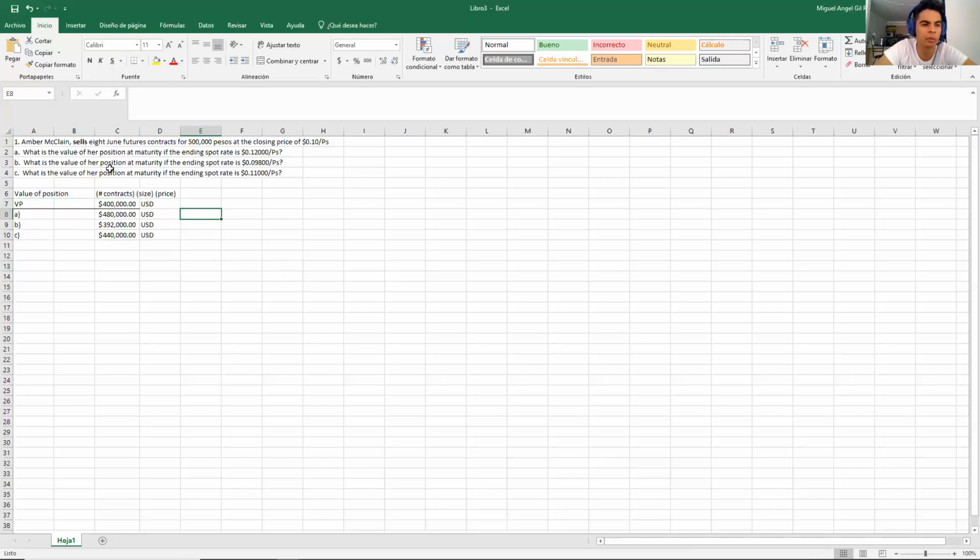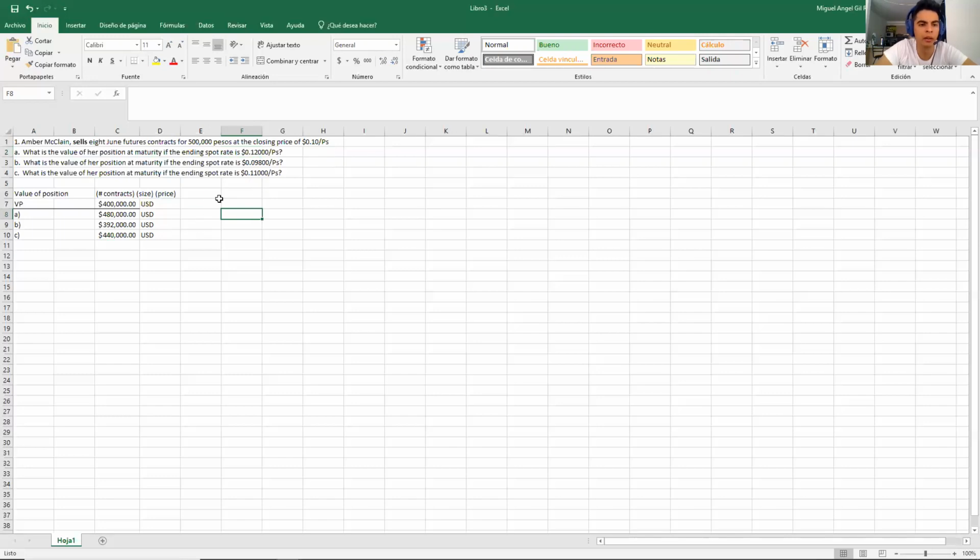If I have a short position, a sell position, that means that I am forced to sell my pesos at $0.10. So if the market is willing to pay me more, but I am forced to sell them at 0.10, will I be happy or sad? I think I will be sad, right?